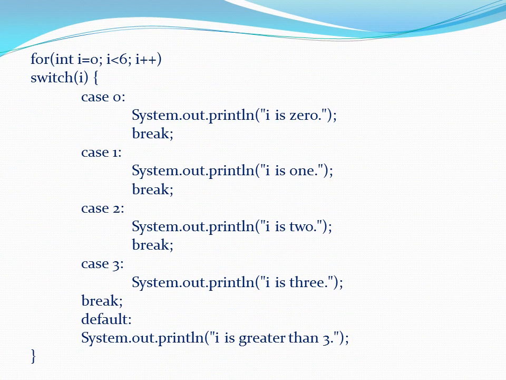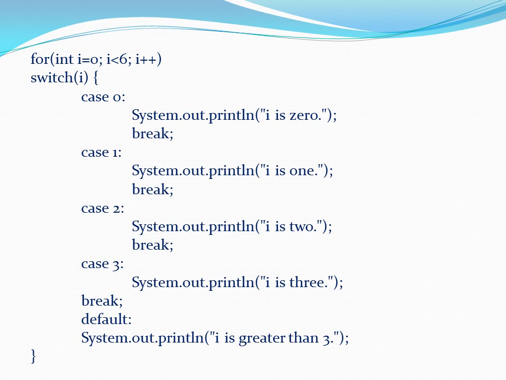Example, here we'll give the for loop and we'll give i value as 0. First initialize the value as 0. Next for the switch statement we'll pass the i value. If i value is 0, that is case 0 will execute.